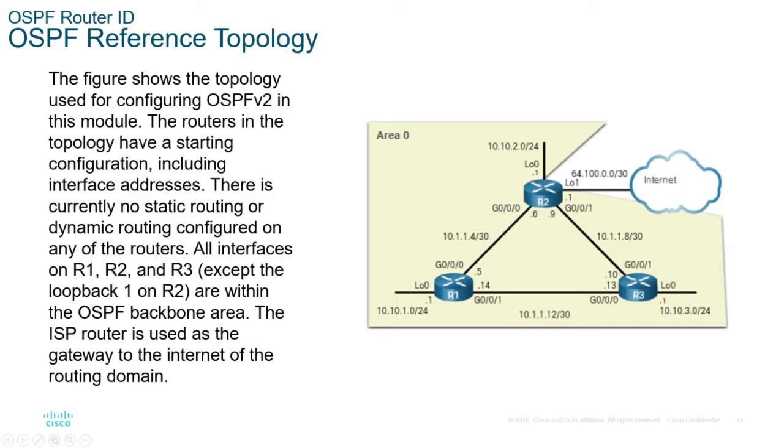Basically, the device with the highest number likely becomes the designated router. Second highest becomes the backup designated router, and all the others are DR others. So that's the first way, manually assigning it in the OSPF configuration.